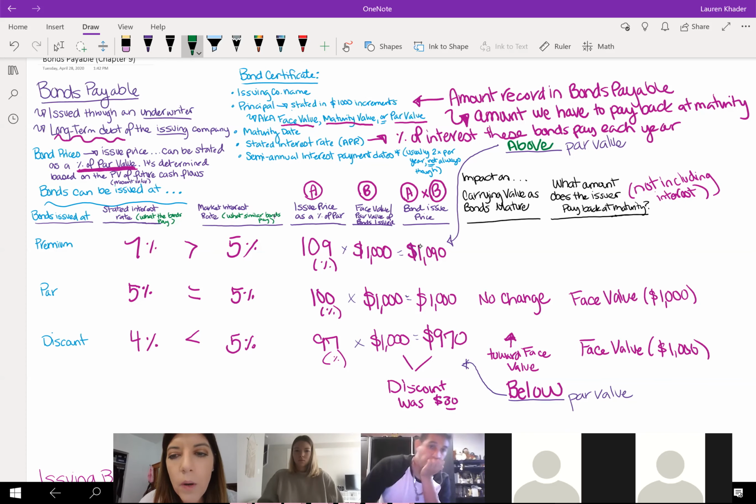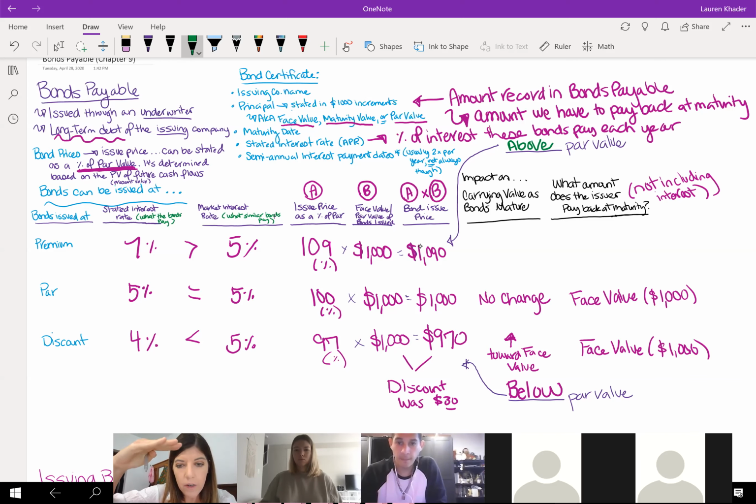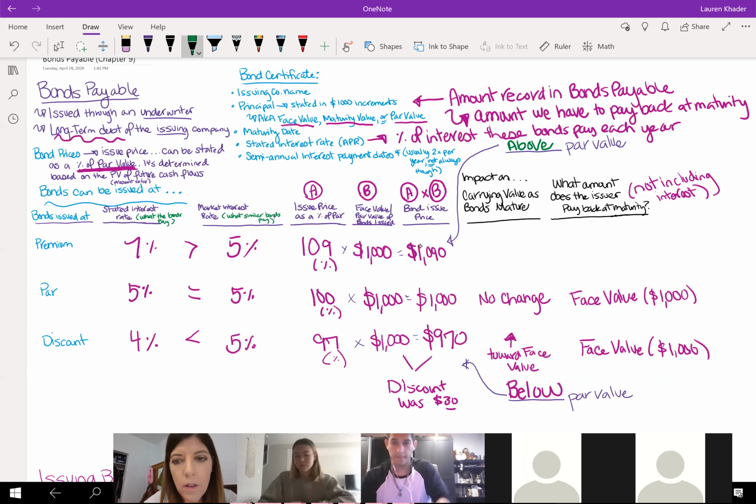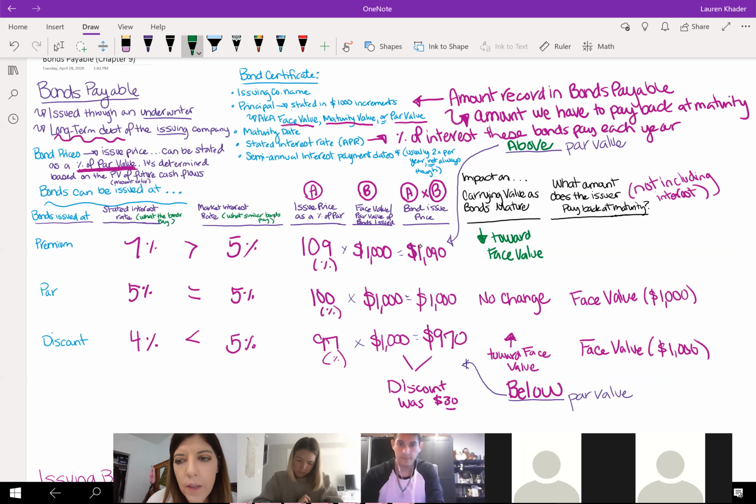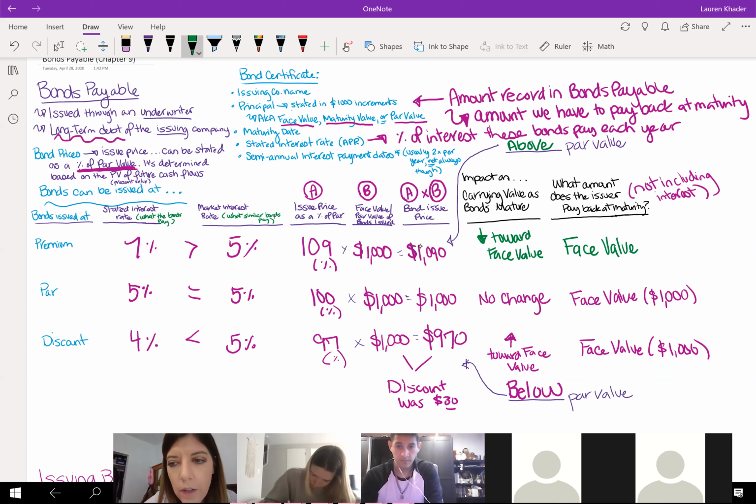What's going to happen to the bond carrying value over time? We're issuing it above par value, right? So over time, we're going to have to slowly reduce it, and it's going to decrease towards face value. The reason being is because at maturity, the issuing company is going to pay back exactly face value on those bonds, $1,000.